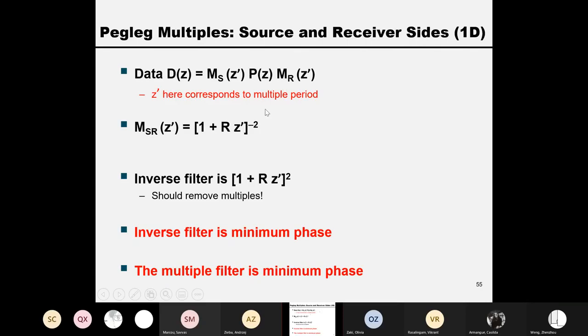So you end up with only the primary. Can you see that? Now, again, the inverse filter is minimum phase, of course, because the multiple filter is minimum phase, basically because R here is smaller than 1. Quite often much smaller than 1, right? So that's guaranteed minimum phase. Okay.